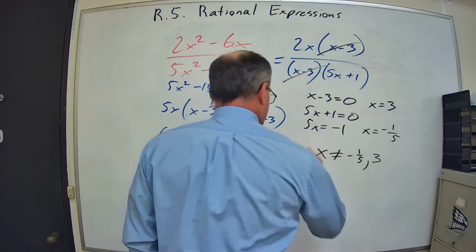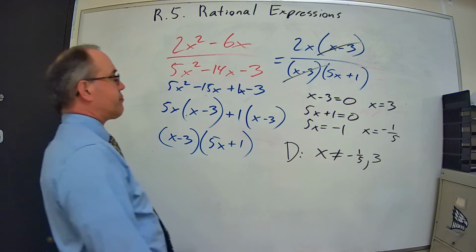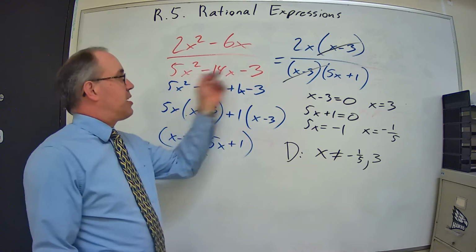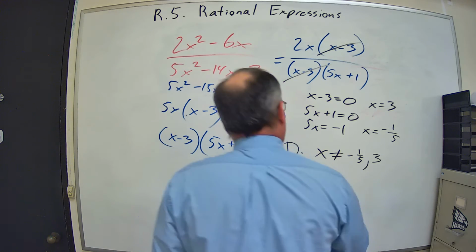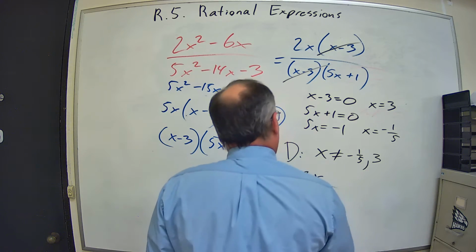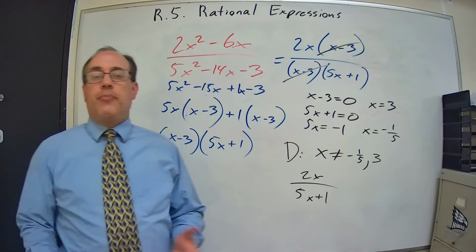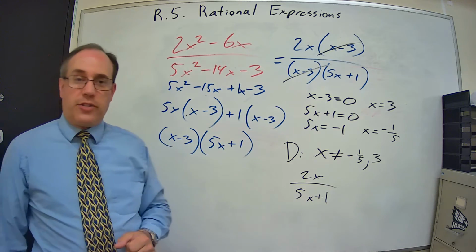I'm just going to put a big D here as a domain so we remember what that is. That's just our domain. Remember, we assume all real numbers except for what's going to cause the denominator to be equal to 0. Leaves us with 2x over 5x plus 1. And we have simplified that rational expression.